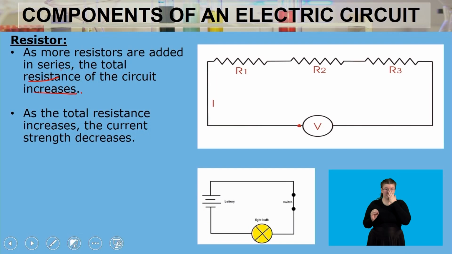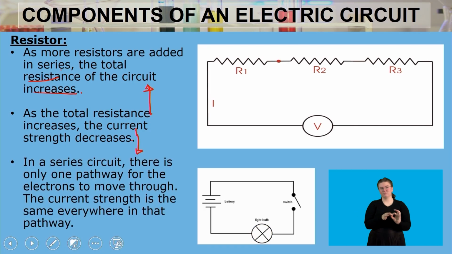So, as the total resistance increases, the current strength is going to decrease. As we have said, when this increases, that needs to decrease, because of the relationship that they have.